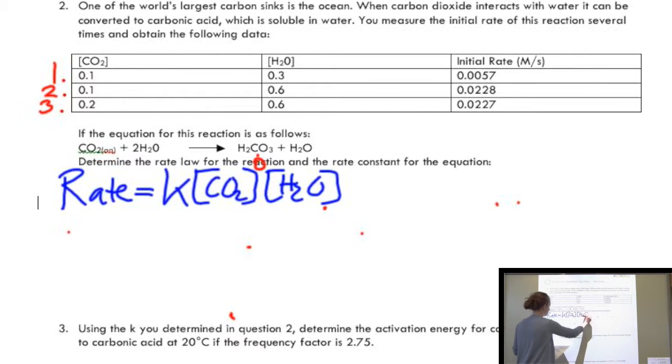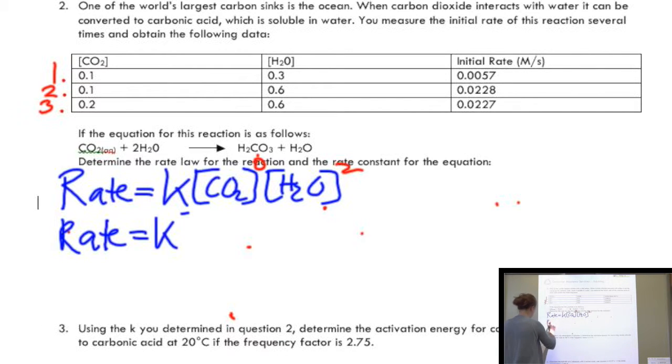And since we just figured out that this is 0 order, and this is second order, what we can do next is simplify this so we get rate equals K times the concentration of water squared.